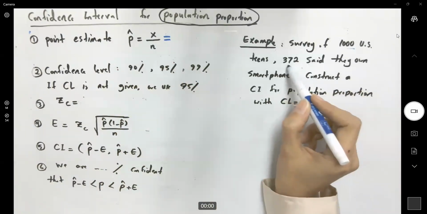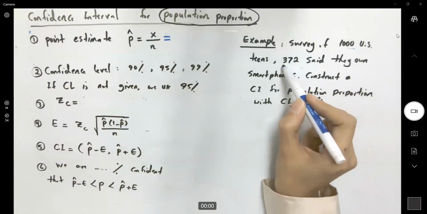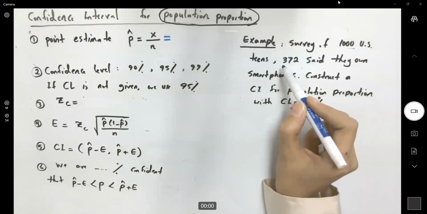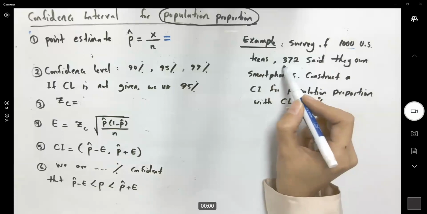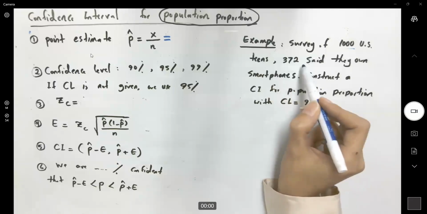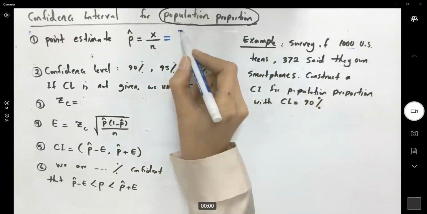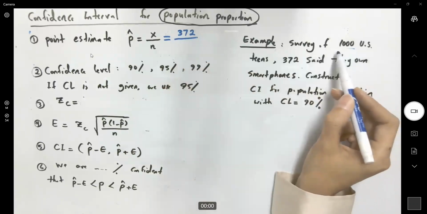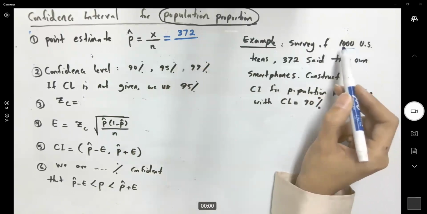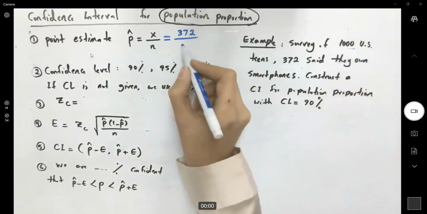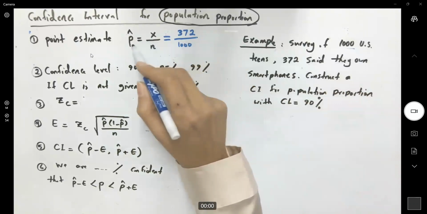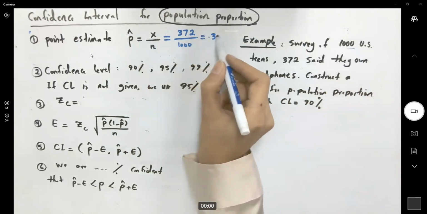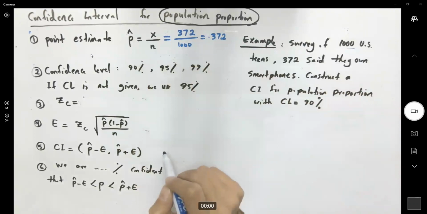The number of US teens who own smartphones, the number of successes that we have, is 372. 372 out of how many people participated in this survey? 1,000 people. So the point estimate is 0.372. So we're done with the very first step.